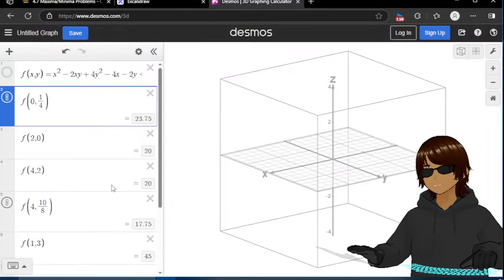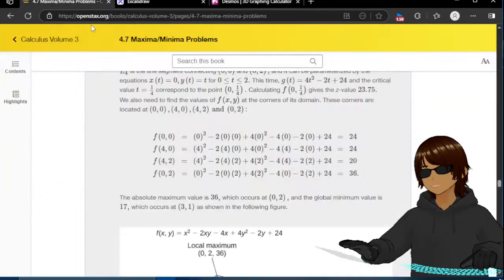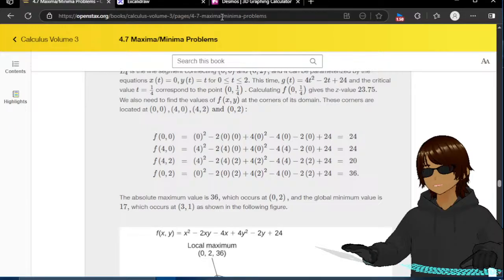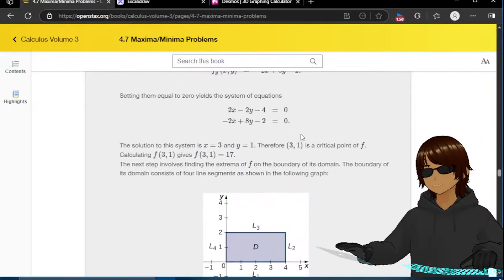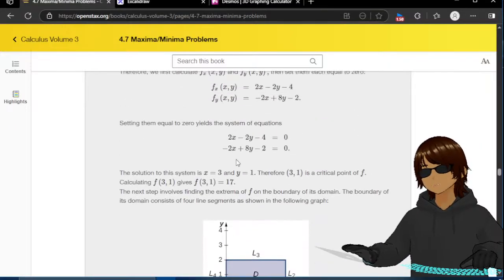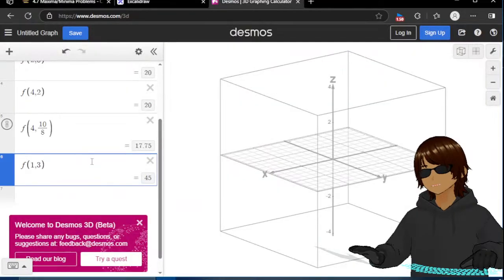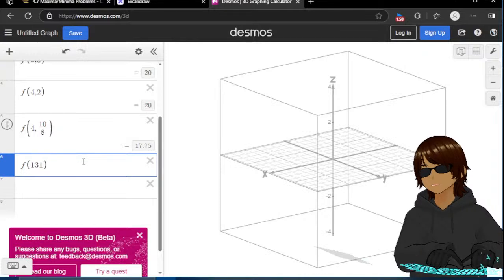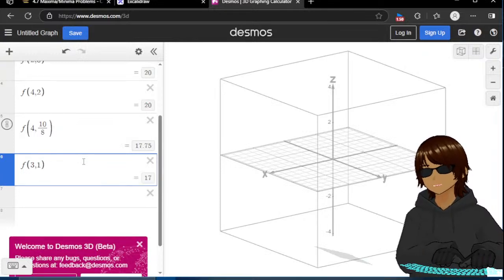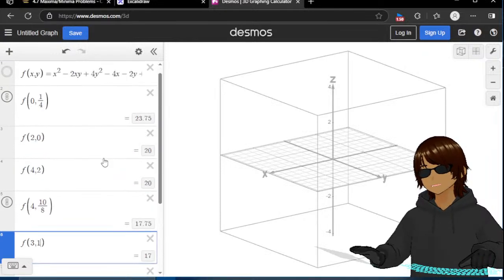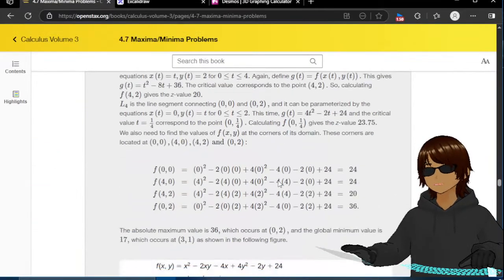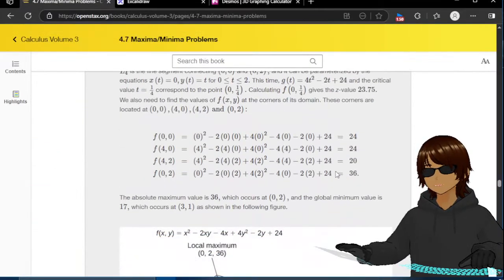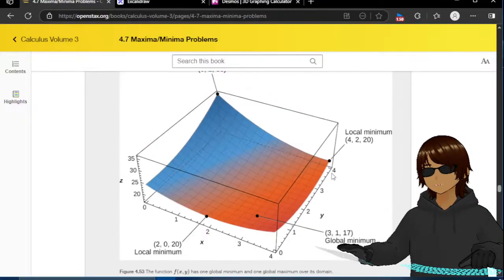But even with the corners, the highest value is 45, right? Absolute maximum value is 36. f of 3, 1 is 70. I did this wrong. 3, 1 is 17. This is the lowest value, even including the corners. The highest value they calculated over here is 36.